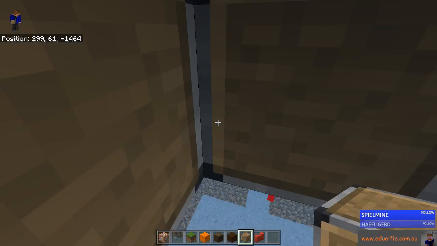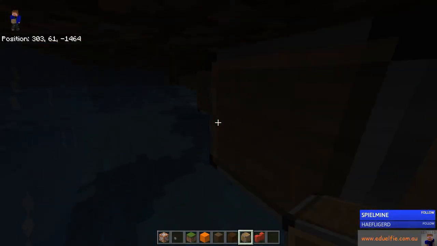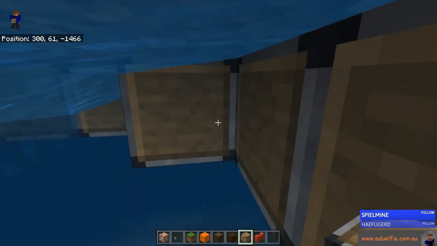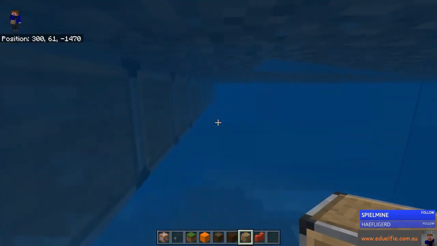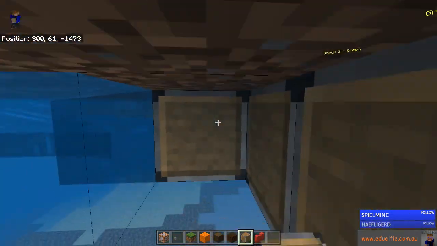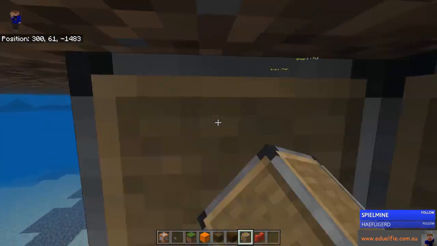This is one of the most frustrating and time-consuming things about map making. It's just all of these little grunt work things.